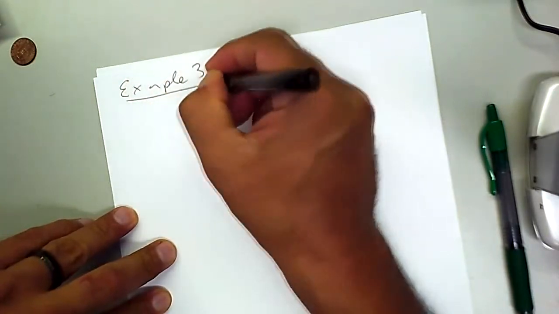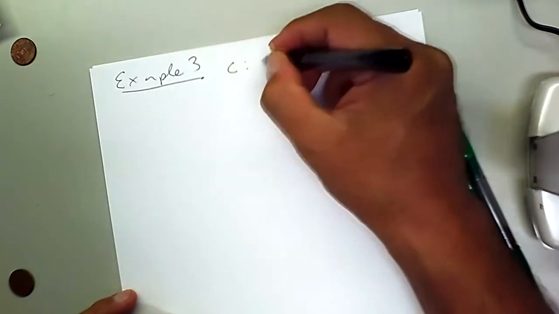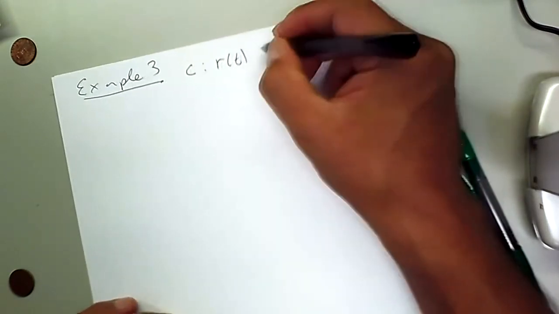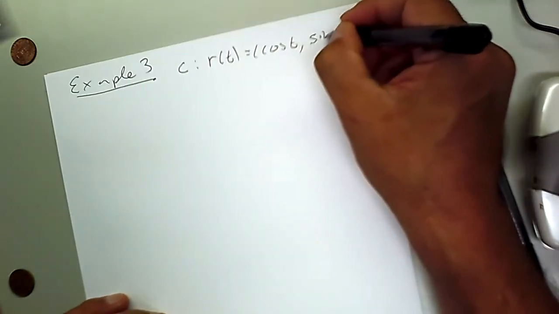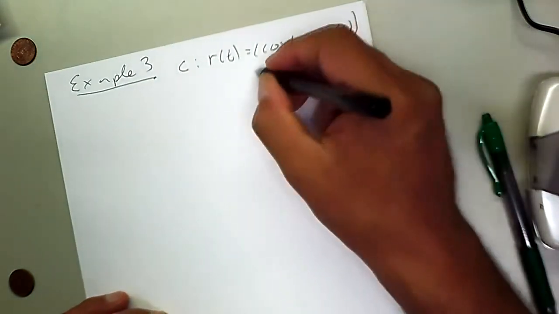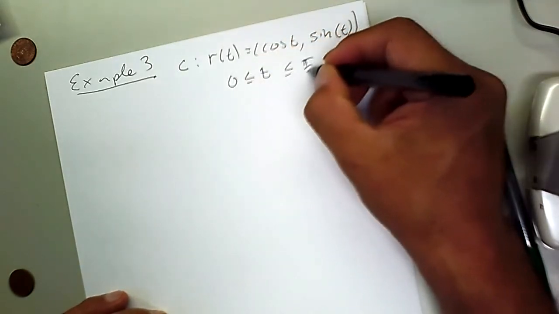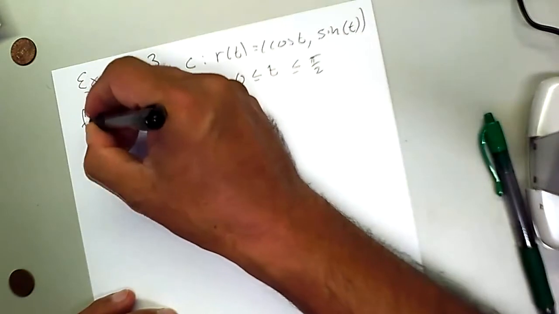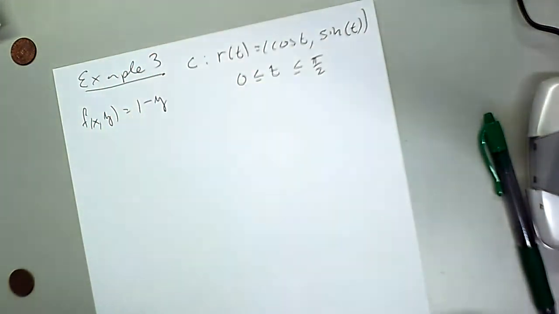Example 3. So C, the curve, is defined by r of t, which is going to be the same circle, except that we're going to go from 0 to pi over 2. So it's really a quarter of a circle. The function is still going to be the same so that we can compare with our previous examples.